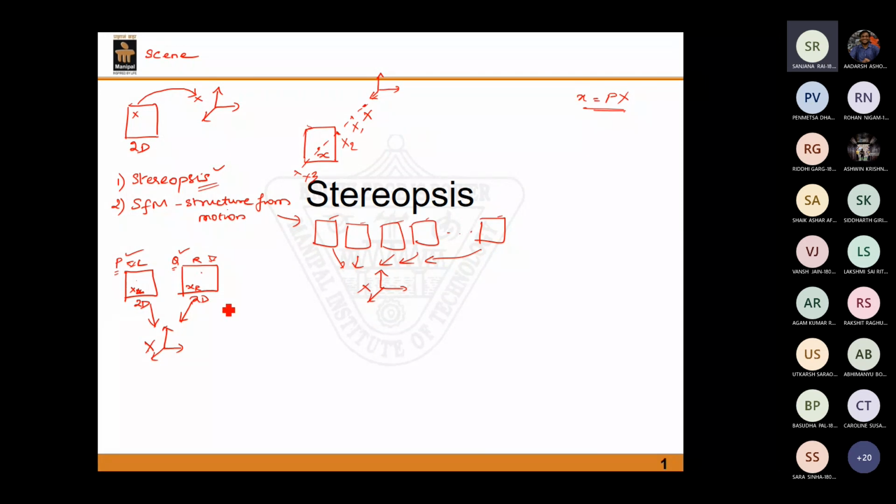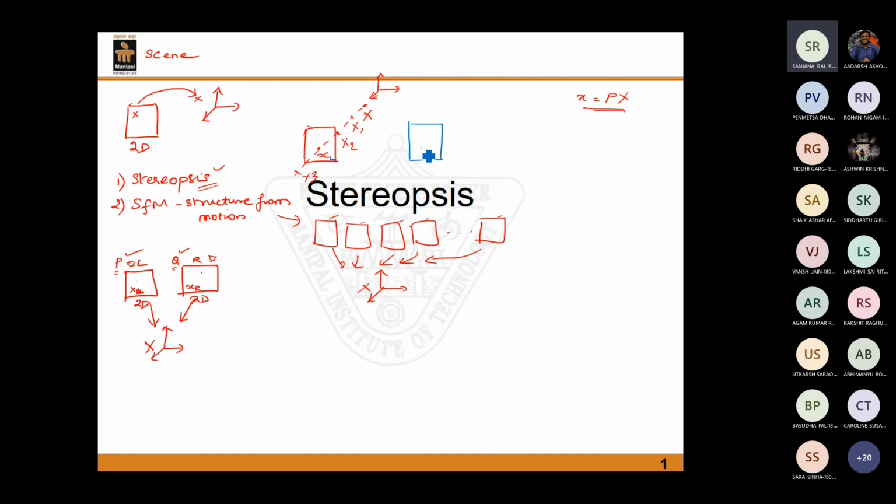But let's say you have a second image here, and let me just draw it this way. So this is my second image over here. Let me write it as XL, to say this is my left side image point that I'm considering.